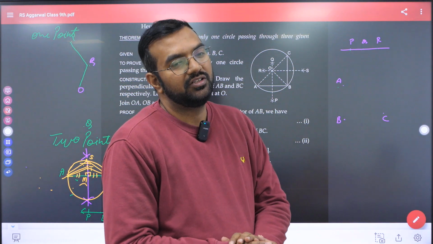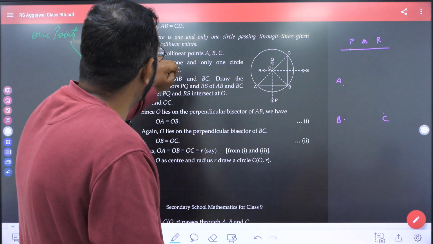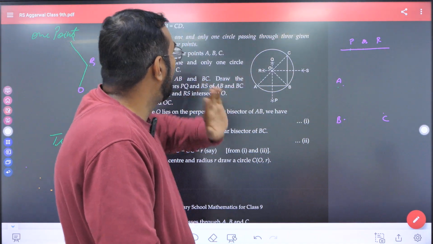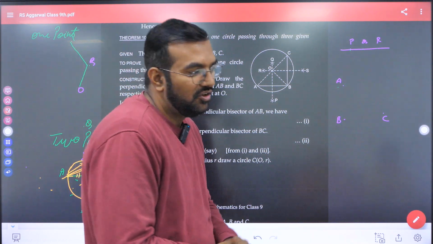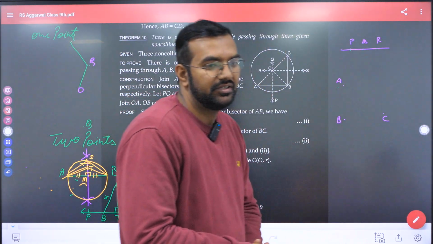Our theorem says one and only one circle can pass through 3 given non-collinear points. That means there is only 1 point from which the 3 non-collinear points are equidistant.